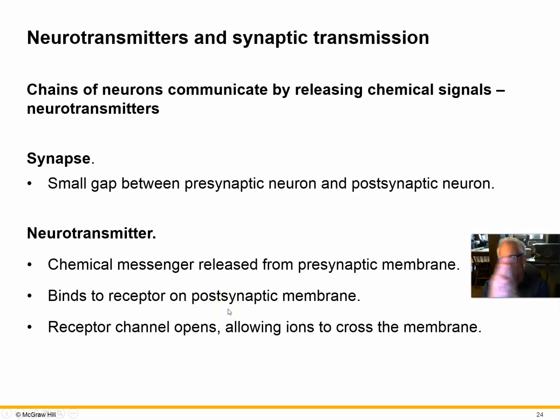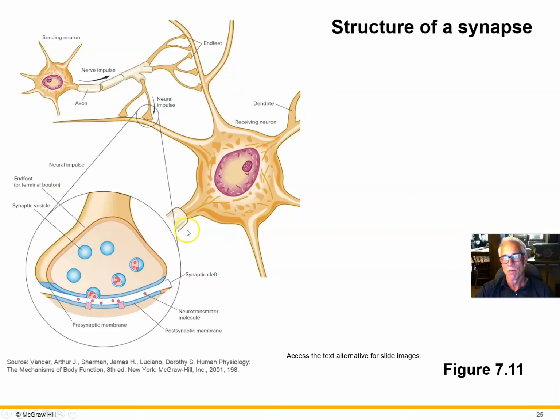So an impulse travels down one neuron's axon, neurotransmitter jumps onto the next neuron, the postsynaptic neuron, and if it depolarizes sufficiently, an action potential will form on its axon, and so forth. So here's a little diagram of a postsynaptic neuron, right?